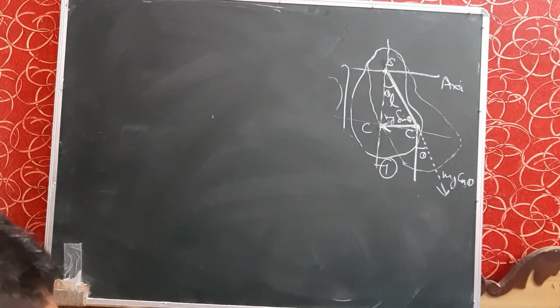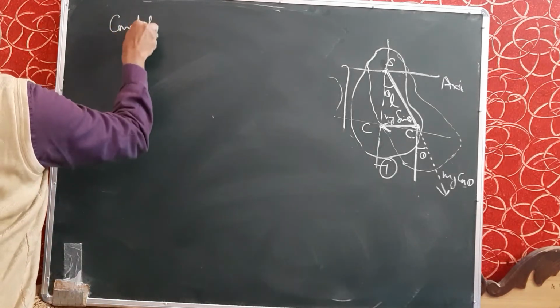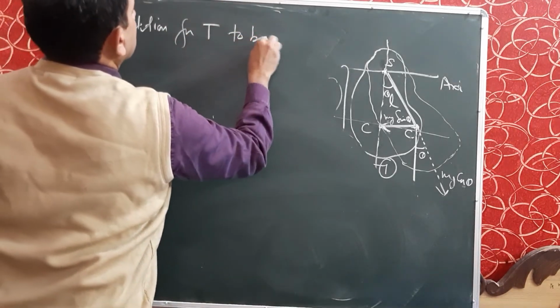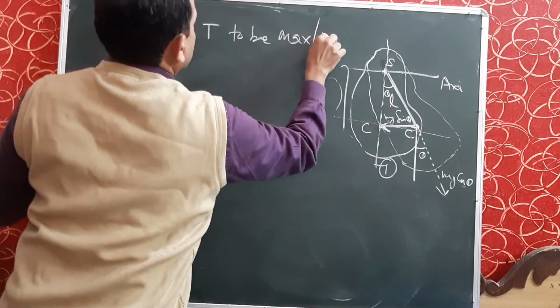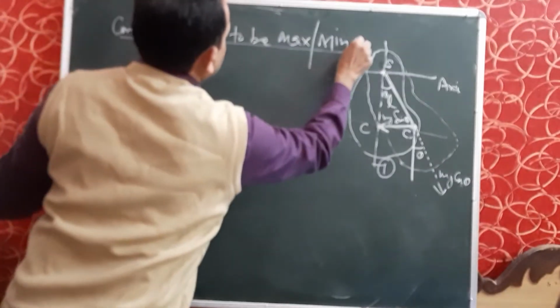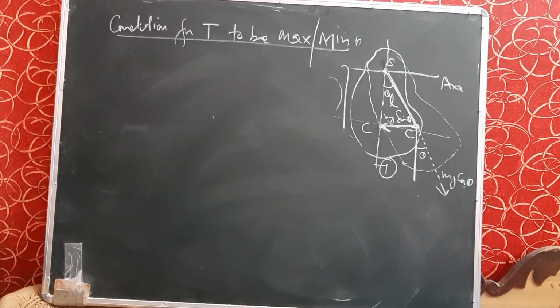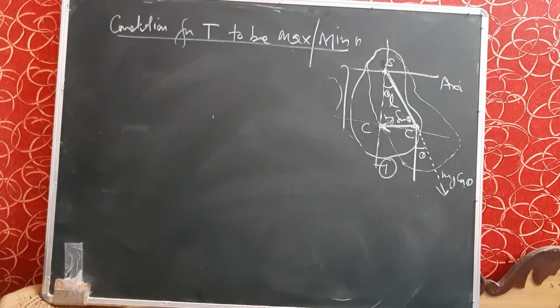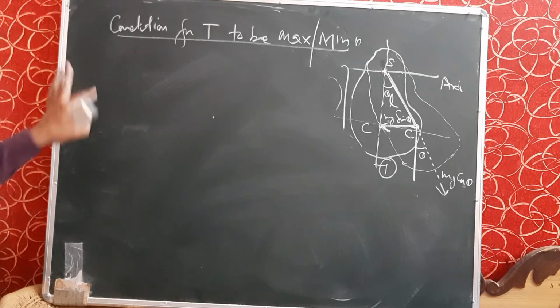Now, next we will find the condition for the time period to be maximum or minimum. In what case is the time period maximum, and in what case is it minimum? You know that in mathematics we have already studied functions for maxima and minima, so I am applying the same condition of maxima or minima here for the time period.